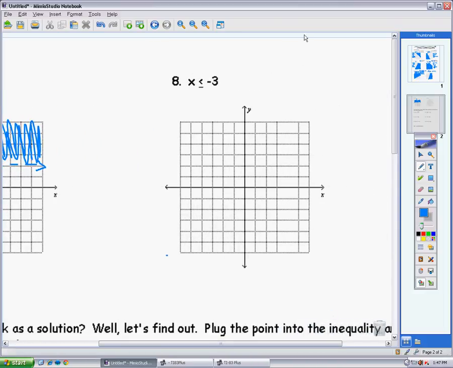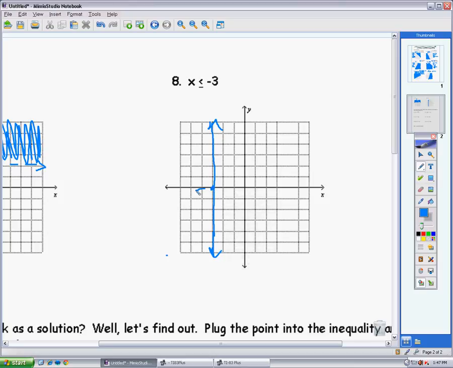Number 8, x is less than or equal to -3. So I'm going to come over to my x-axis at -3, and it's going to be a solid line because it's less than or equal to. I'm going to draw a solid line at -3 for x, and it says x is less than or equal to -3. So here's my x, and I want where my x's are less than -3.